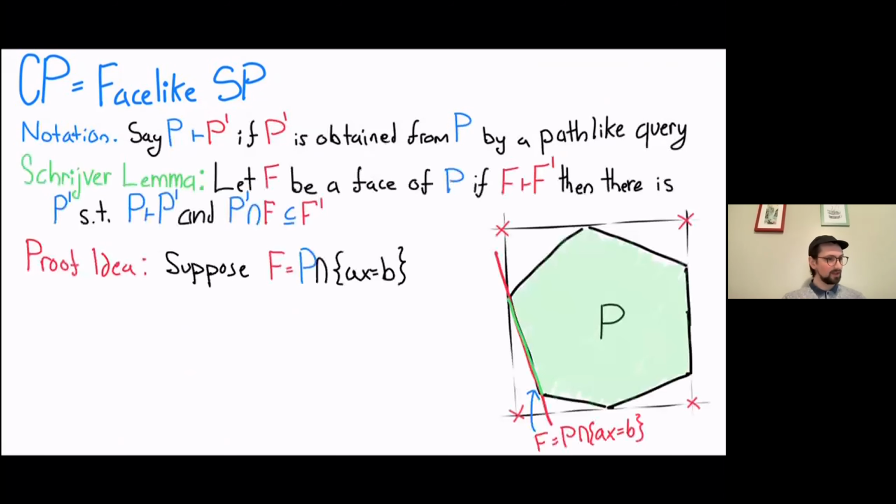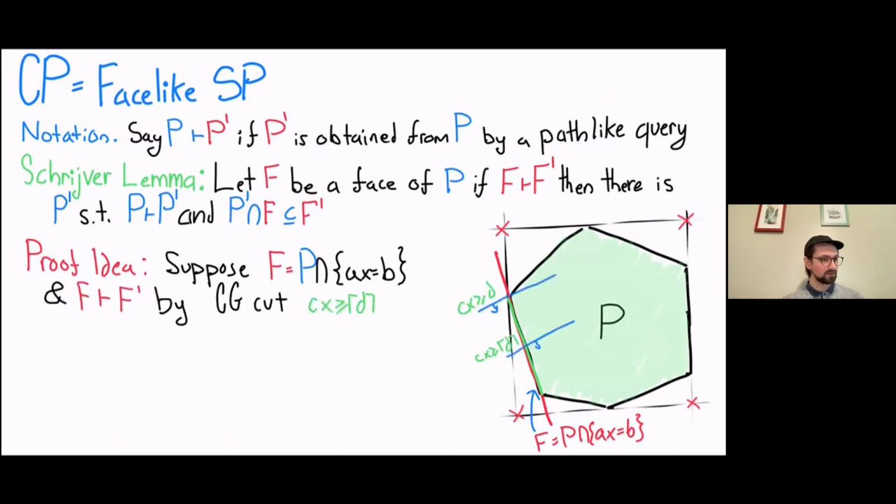Okay. So a very quick sketch. Here's a polytope, and we are looking at the face, which is the polytope intersect with AX equal to B. This is just the general idea of the proof. I'm not going to be too formal with it.